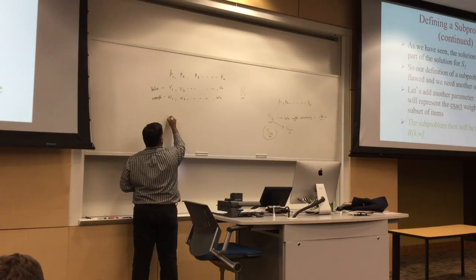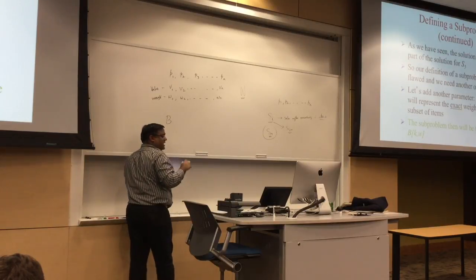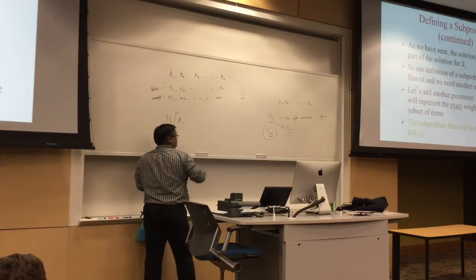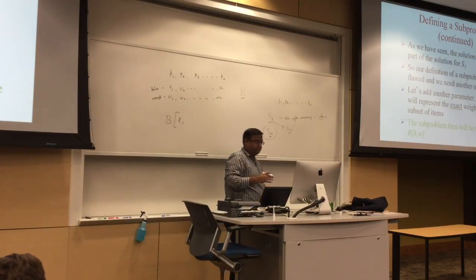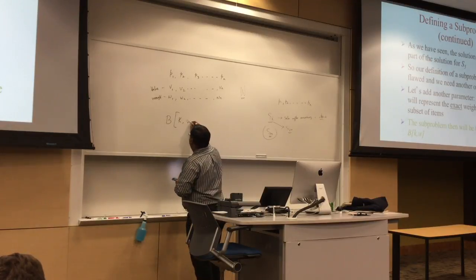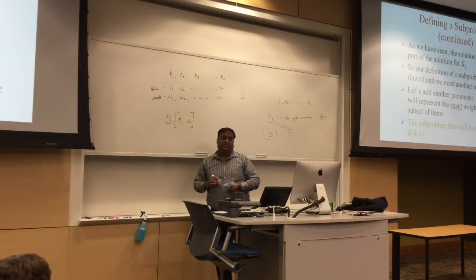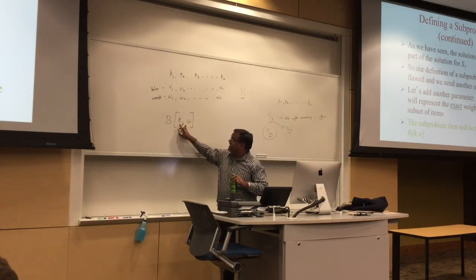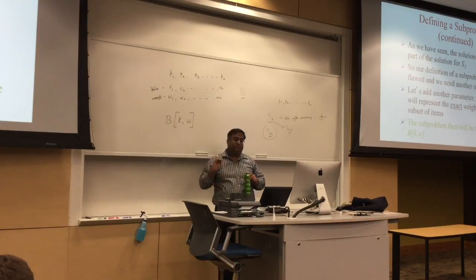Say B is the benefit that you get by considering k items so far, and W is the weight of considering these k items and finding the optimal solution.